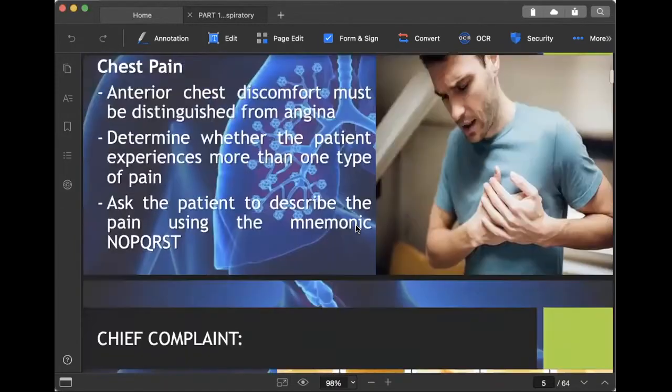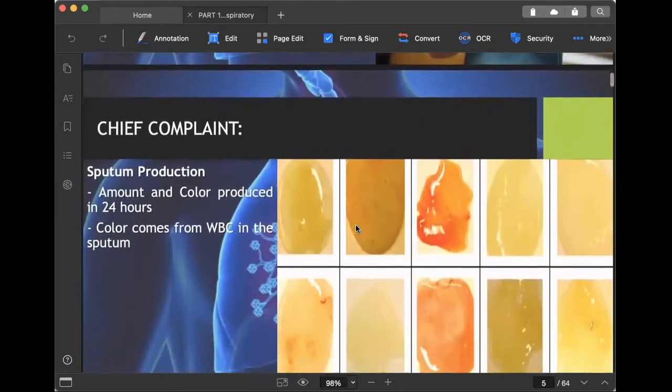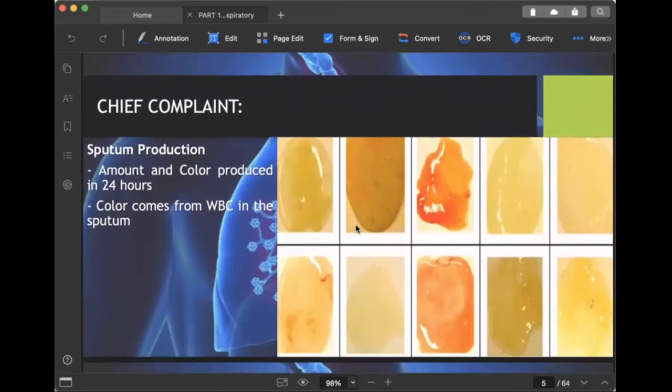So aside from subjective data, we can also gather objective data by properly observing the sputum production of our client. The amount produced is usually measured in 24 hours, and the color comes from the WBC in the sputum.